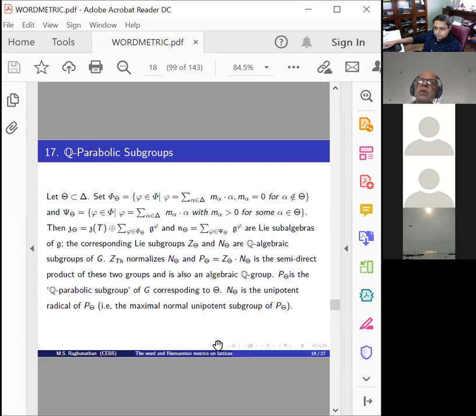The corresponding Z_theta will be the group of diagonal blocks, and N_theta will be the upper triangular matrices with identity in the diagonal blocks. Those will be the parabolic groups in the case of SL_n.